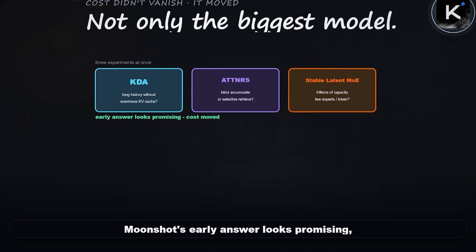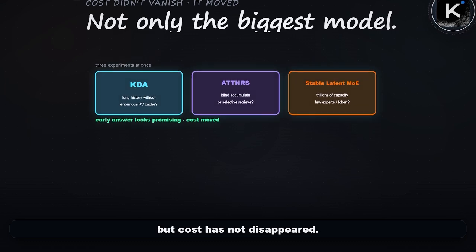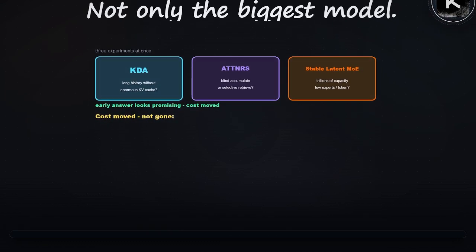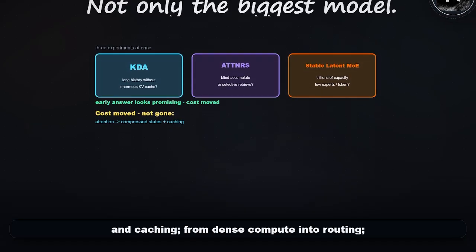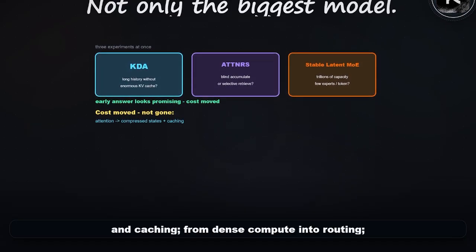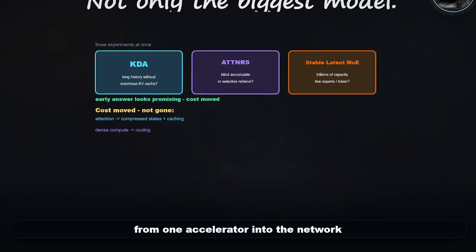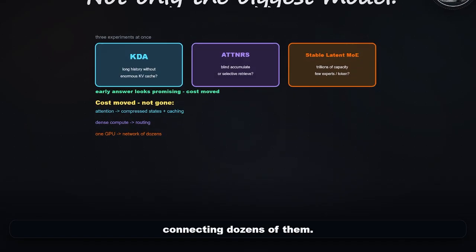Moonshot's early answer looks promising, but the cost has not disappeared. It has moved. The cost moves from full attention into compressed states and caching, from dense computation into routing, and from a single accelerator into the network connecting dozens of them.